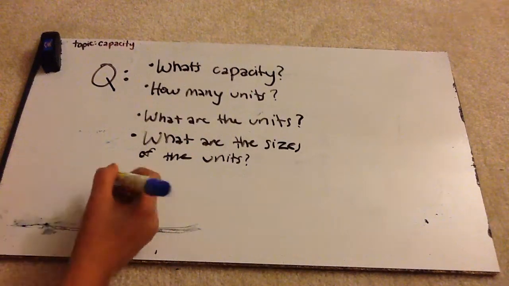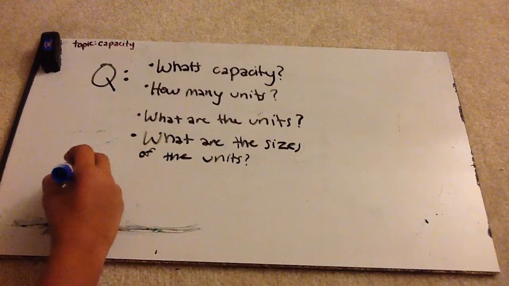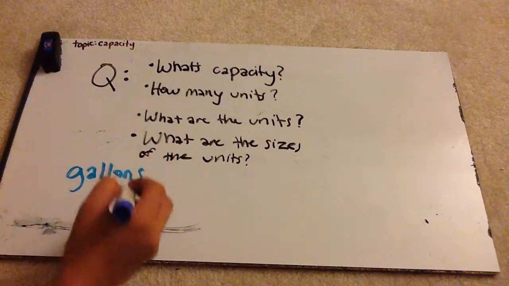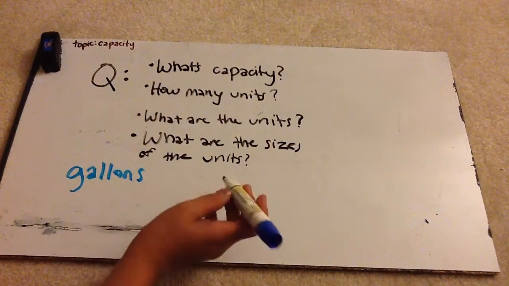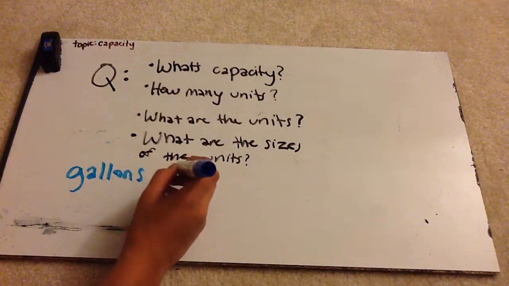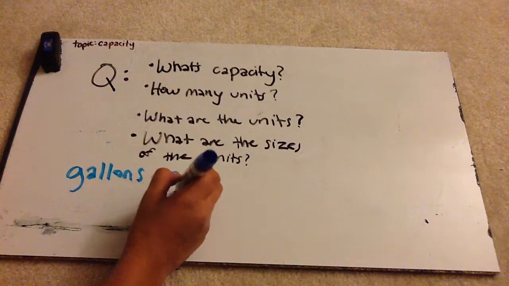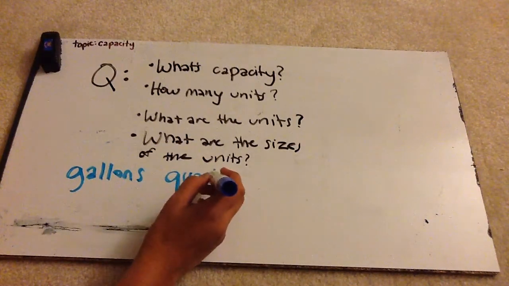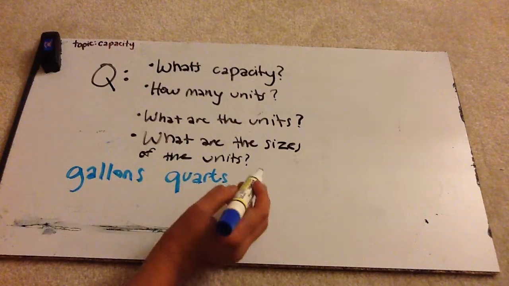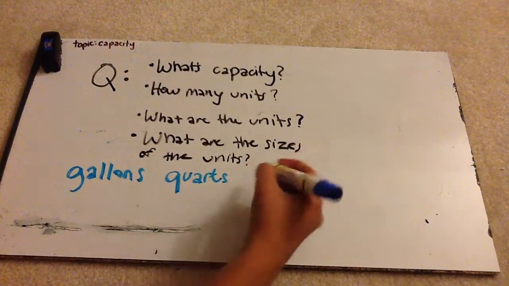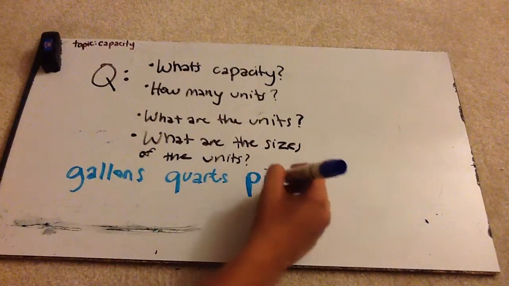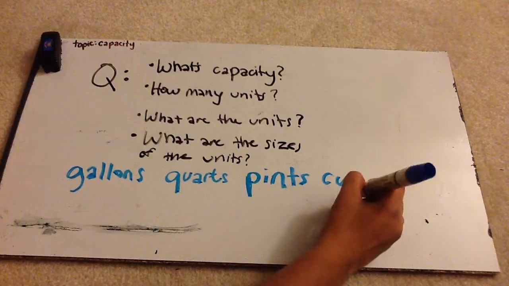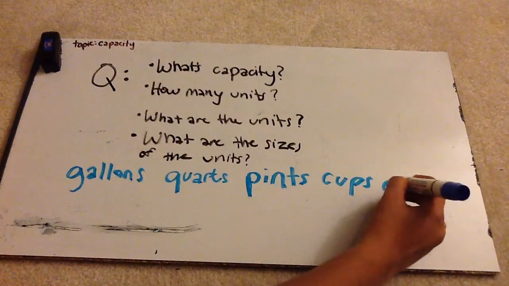The units are, the biggest one is gallon. Then, after gallons, the second is quarts. The next one is pints, cups, and ounces.